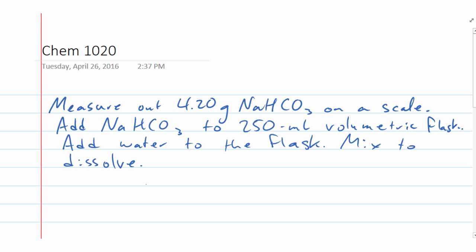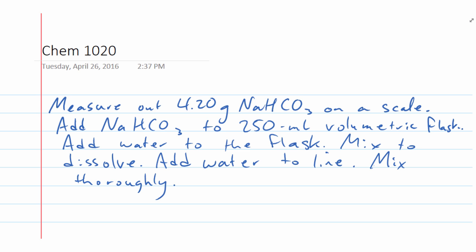And once we add water and mix it to dissolve, remember we need to do what? Add water until it gets to the line. We're not quite done yet. Then what are we going to do? We can't just put the water in there. Once we put the water in, we have to mix it thoroughly again.